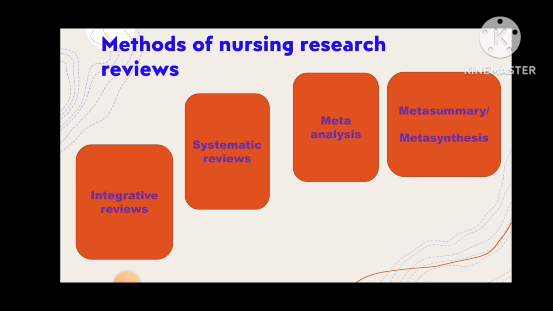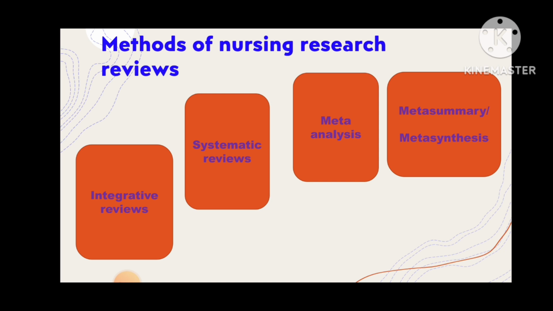First one is integrative reviews. Integrative review is a summary of the literature on a specific concept or content. It could be a quantitative or a qualitative study. It is narrative in nature. Then comes systematic review. Systematic review is a summary of past research studies with related or identical hypothesis.